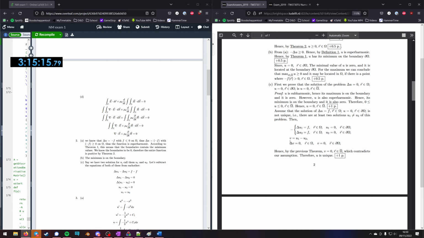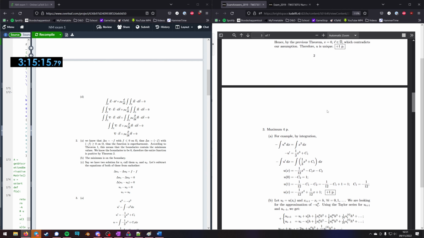So the difference between the two is a function that is 0 on the boundary and 0 on the function itself, which we know is a fully 0 function. That's the part we're missing. We didn't say this function itself is also superharmonic and subharmonic, therefore it is 0. So that's why I'm giving us 1 point instead of 2. Does that make sense? Yeah.